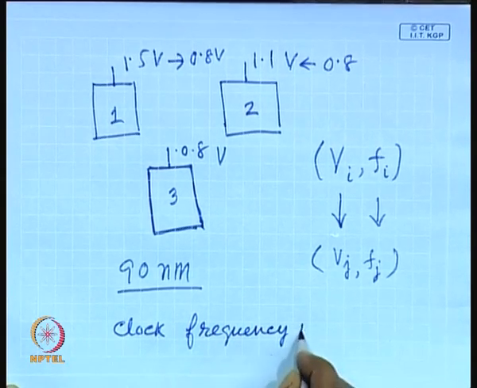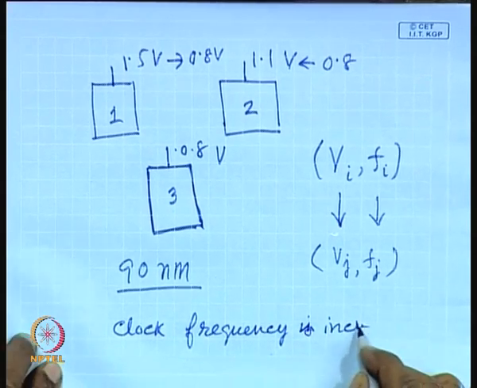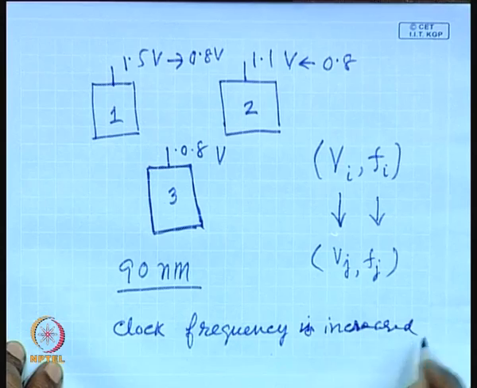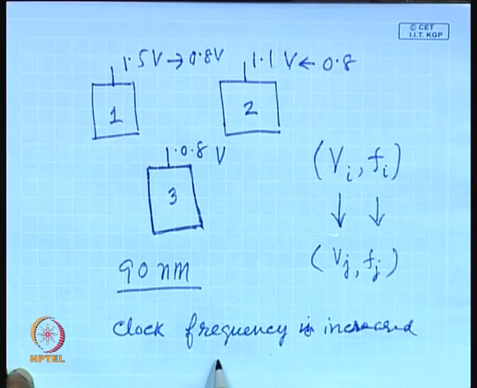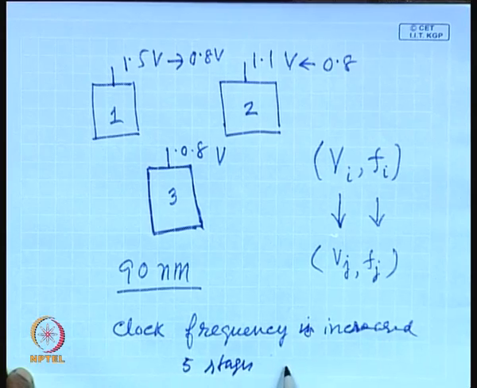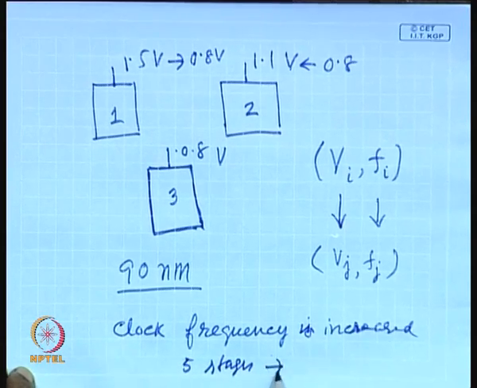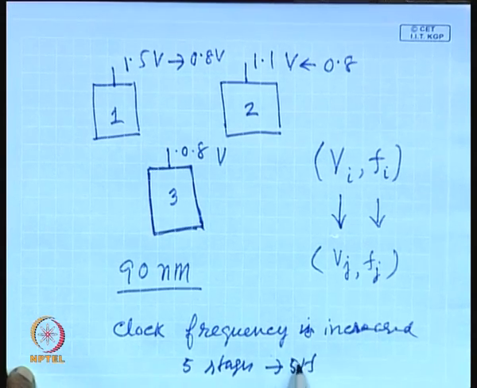Clock frequency is increased in a pipeline system. That means, if you have 5 stages, the clock frequency can be 5 times. So, 5 stages lead to clock frequency 5f.